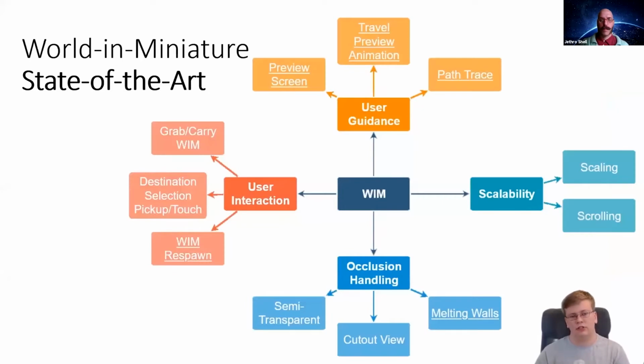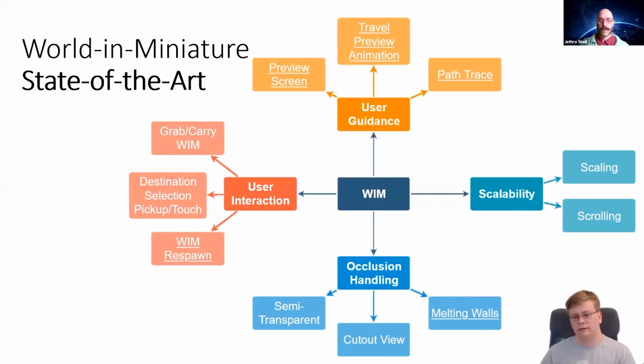There are some extensions to this basic concept. For example, it lacked scalability, so that's why there are extensions which allow the user to scale the miniature model up or down, and also display only part of the virtual environment in the miniature model. And the user can modify which part is displayed.